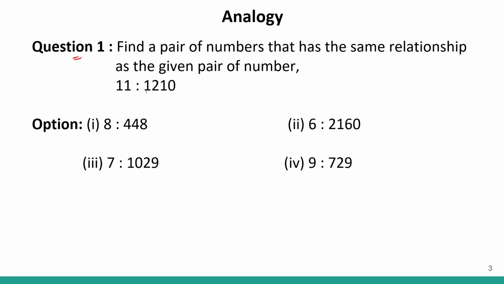Now, if I look at this number 121, this is 11 square, correct? And this is 11. So if I look over here, this is A, let's say, and this is B, correct?